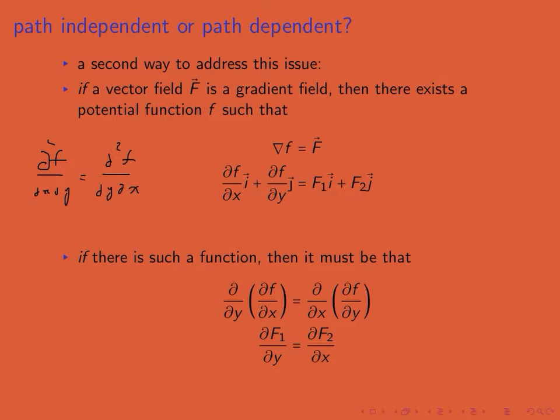Now if, and still this is a big if, big F is a gradient field, then this has to be true, and if I take this partial derivative and differentiate with respect to y, it better be equal to this partial derivative if I differentiate a second time with respect to x.